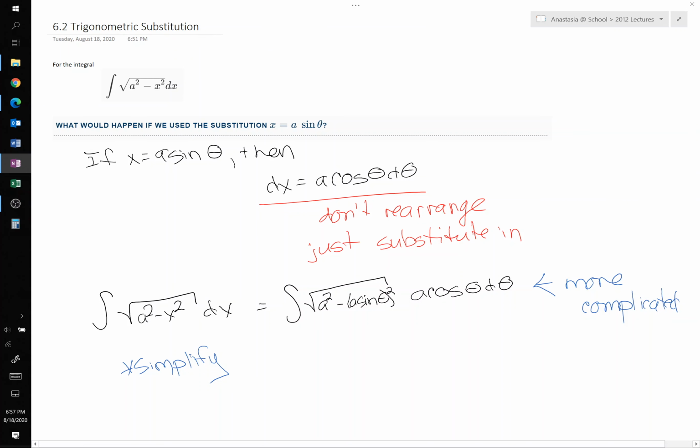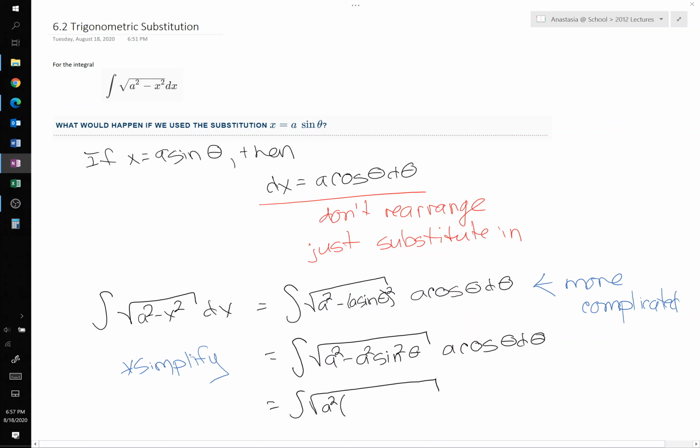So first off, squaring the a sine theta, we're going to get a squared minus a squared sine squared theta. We will have an a cosine of theta outside of the square root, and then of course our d theta. Now notice that both of our terms under the square root have an a squared, so let's go ahead and factor that out.